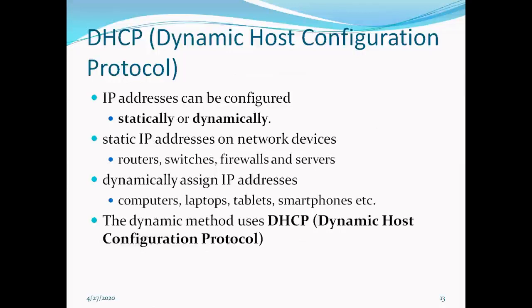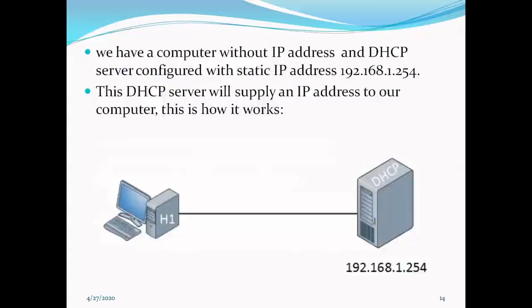Static IP addresses on network devices we generally use for routers, switches, firewalls and servers. And DHCP or dynamic IP addresses we generally use for communicating terminals like computers, laptops, tablets and smartphones on the network. The dynamic method uses DHCP to get the IP information.